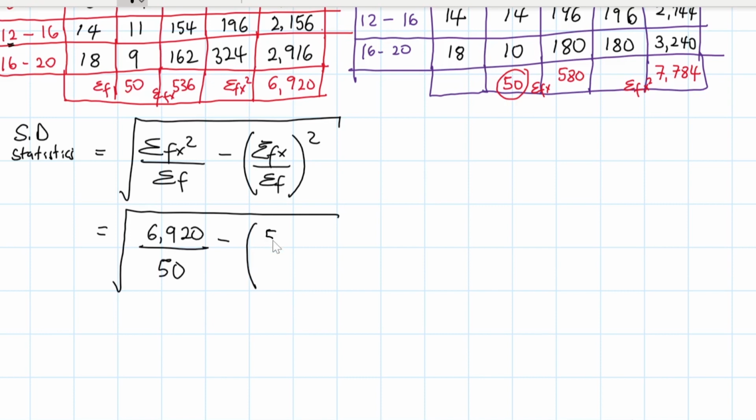The summation of fx is 536, divided by the summation of f, 50, squared.